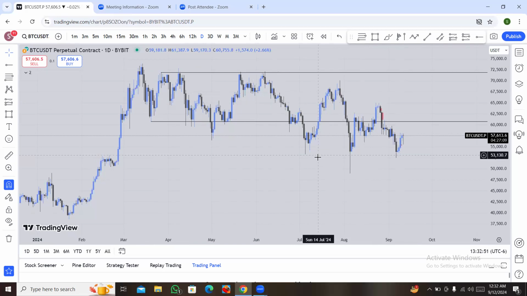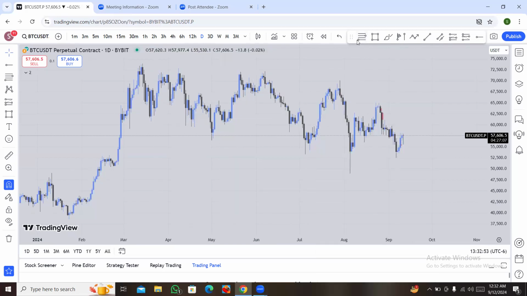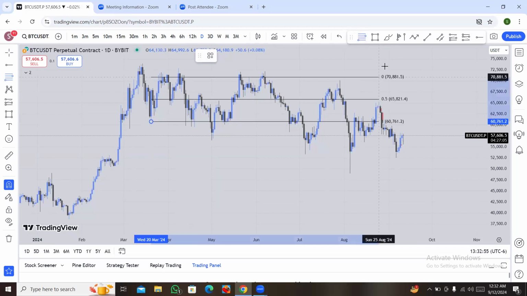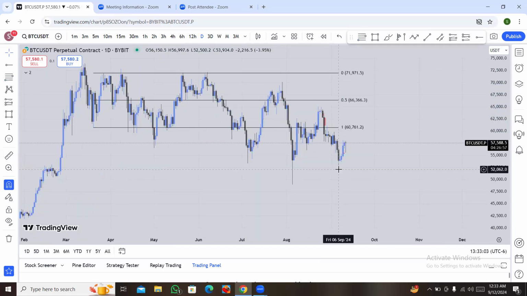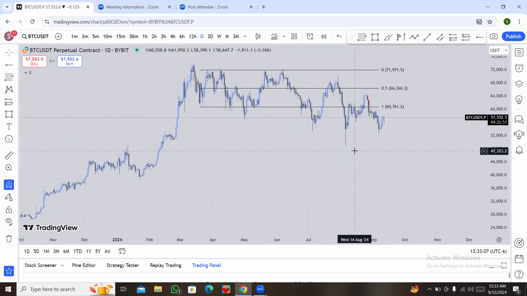But what I personally use is the fib tool, because it gave me the exact points, like to the dollar value, it gave me that benefit. So this is a simple range.